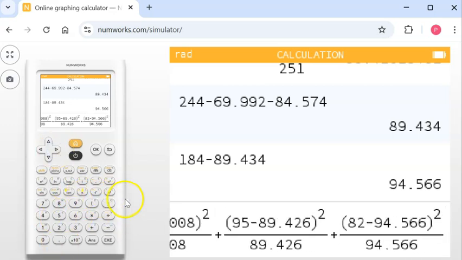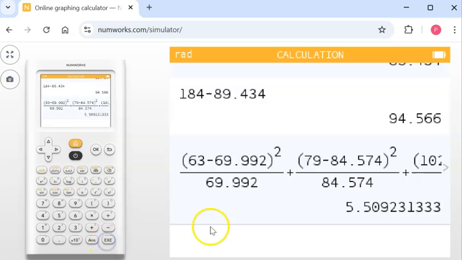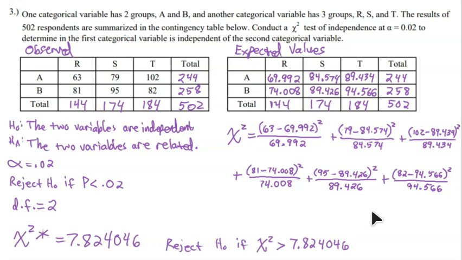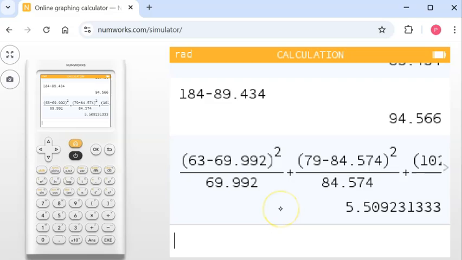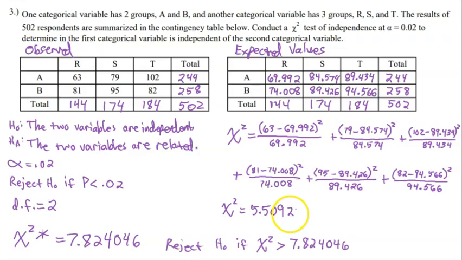Is everything keyed in? Now let's go ahead and hit execute or equals, and we should get our chi-square test statistic. Looks like we got 5.509231. So our chi-squared is 5.509231.